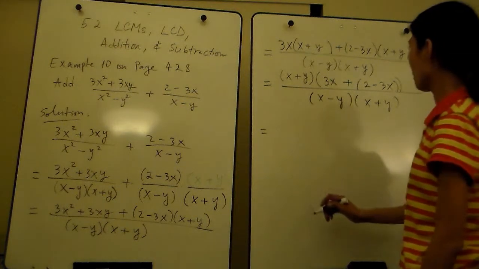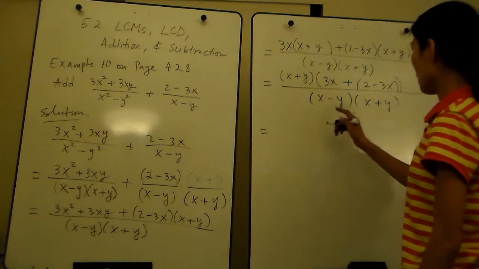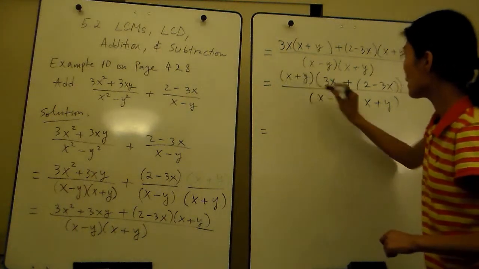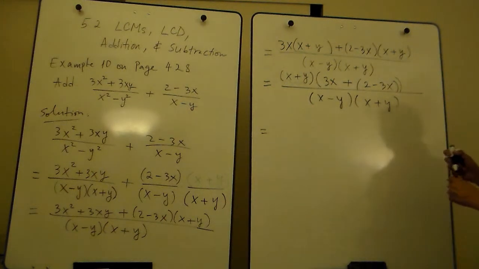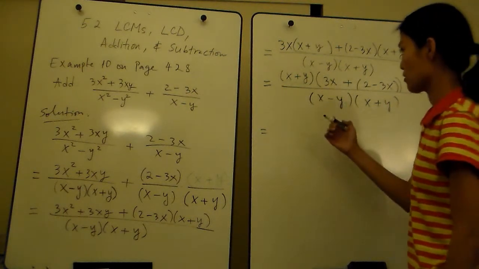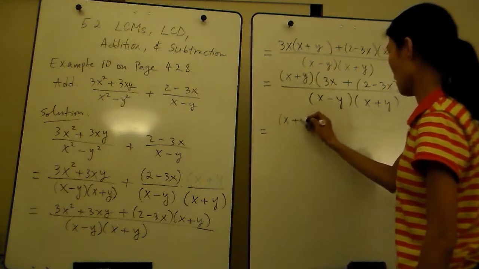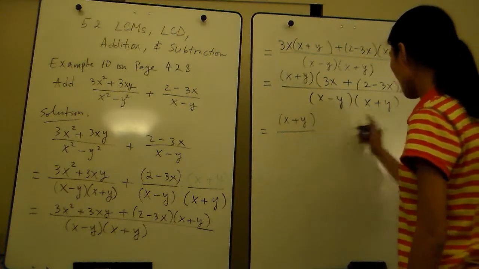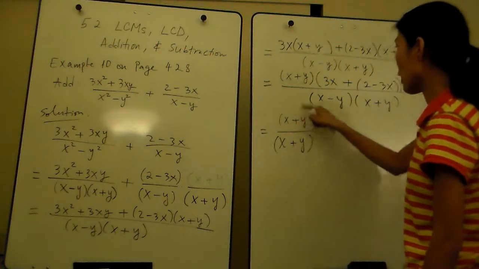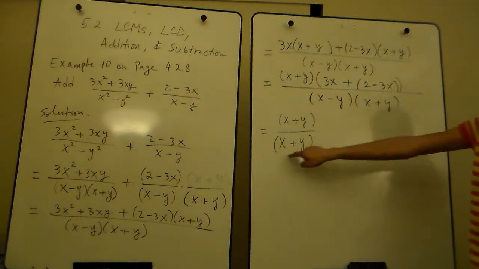Alright, so now you see that this x plus y can be simplified with this x plus y in the denominator. So let me factor out this x plus y here, and this x plus y here. This x plus y from the numerator, this x plus y from the denominator.